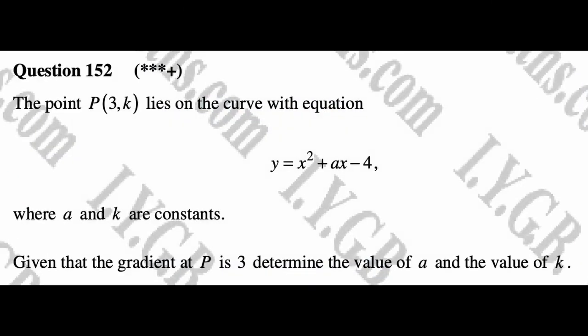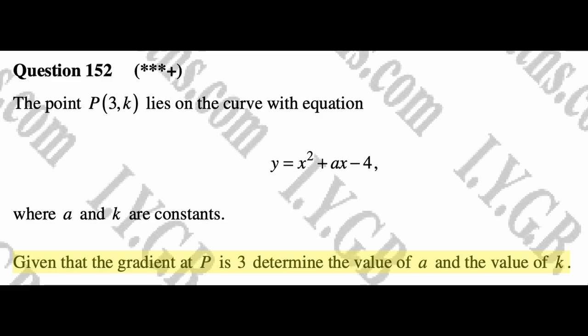Okay, so now moving on to question 152. We're told there's a point P equal to (3, k) on the curve y is equal to x squared plus ax minus 4. And here we need to find both a and k given that the gradient at P is 3. Let's untangle this.